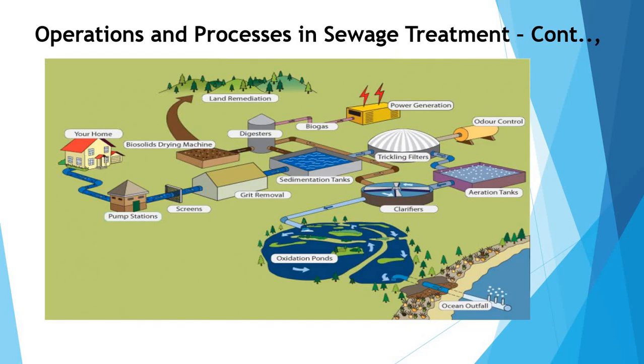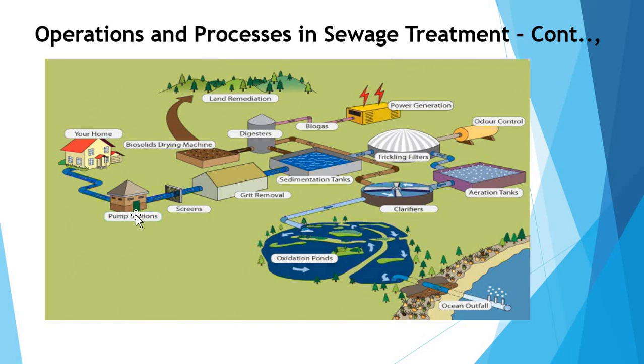So this is a very typical example of how a community treatment process occurs. Assume this is your home. The wastewater from the home enters the pumping station.